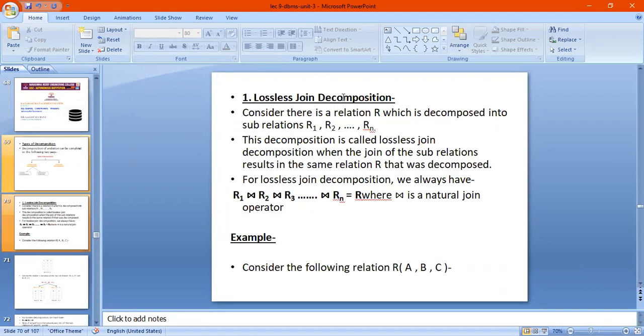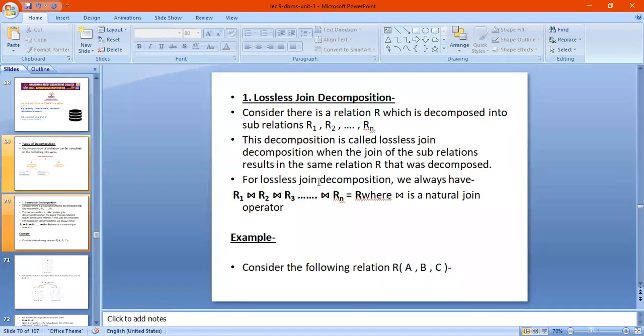So lossless join decomposition: consider there is a relation R which is decomposed into sub-relations R1, R2, up to Rn. This decomposition is called lossless decomposition when the join of the sub-relations results in the same relation R that was decomposed.